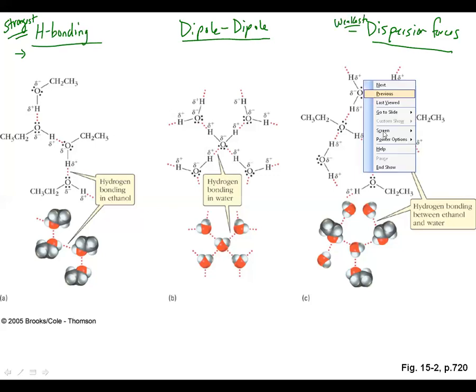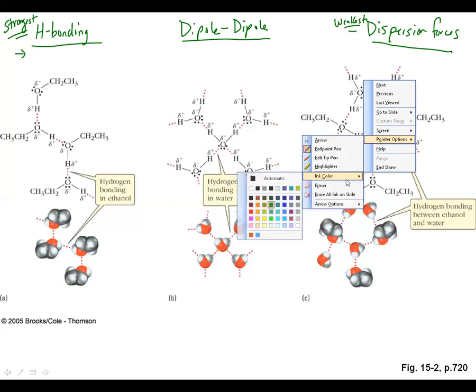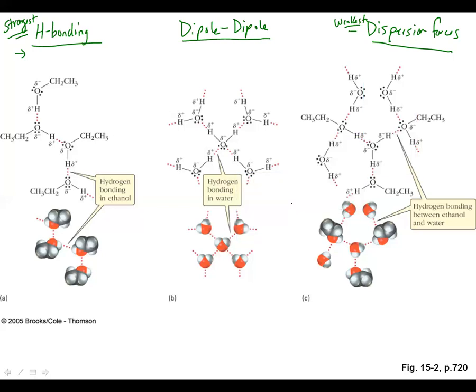In terms of who uses what, for the most part, hydrogen bonding is typically for polar molecules that interact with other polar molecules, but the difference is that they have the ability to hydrogen bond, which means they have a hydrogen that is bonded to a nitrogen, oxygen, or fluorine.